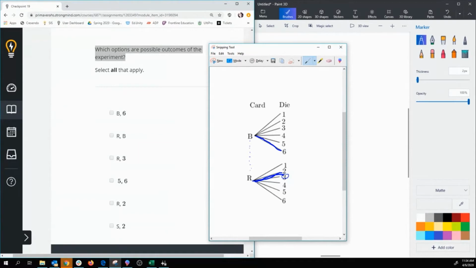So there's no cards that I know of that are an S color. I don't even know what color that would be. So this bottom one also does not work. So there are 3 correct answers here. We want B6, R3, and R2. So those are the 3 ones that we want to pick.